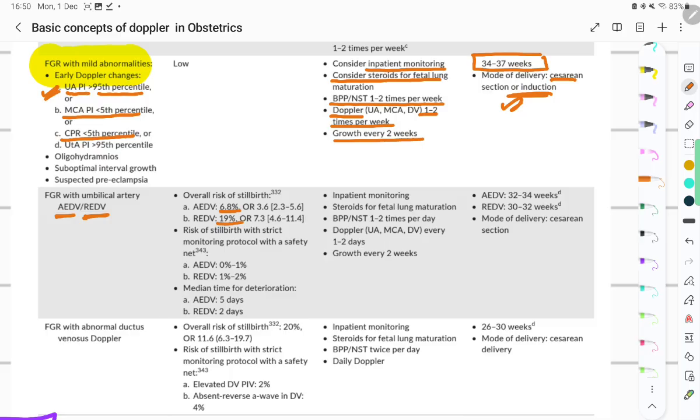So the median time of deterioration will be, for absent it is 5 days, for reversed it is 2 days. So admit the patient, give steroid, BPP NST 1 to 2 times per week, and Doppler every 1 to 2 days, daily Doppler or alternate-day Doppler, and growth scan every 2 weeks. For absent, deliver by 30 to 34 weeks. For reversed, deliver by 30 to 32 weeks. So mode of delivery is cesarean section.